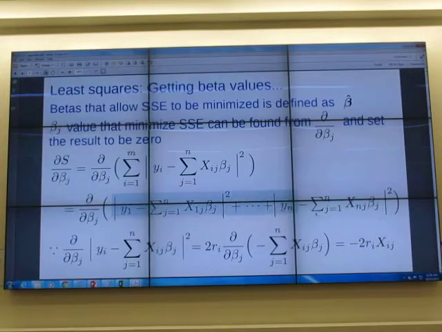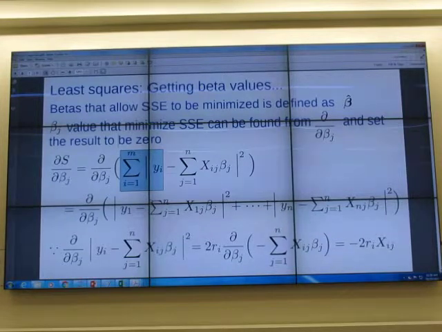So from this whole thing, it collapsed to be just this, okay? So for example, we have just xij beta j, and this is yi. Everything squared. We don't have this summation anymore.